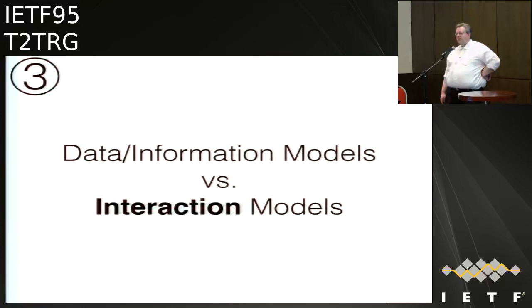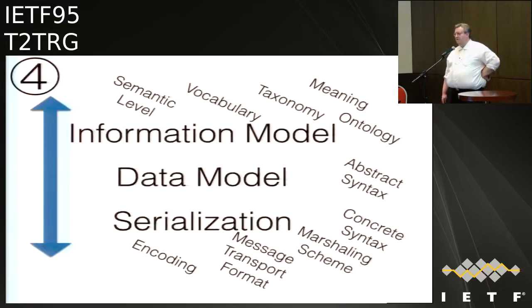So looking more closely, it actually turns out this is an area where we, of course, have lots of prior work. Just in the information model space, we probably have three layers. We have the information model layer, we have the data model layer, and we have something like a serialization. And of course, each of these layers has about 10 different terms that are not entirely compatible with each other.